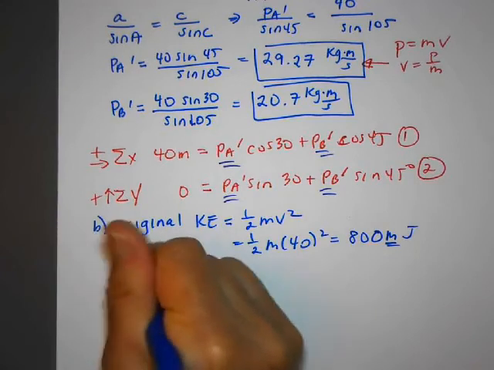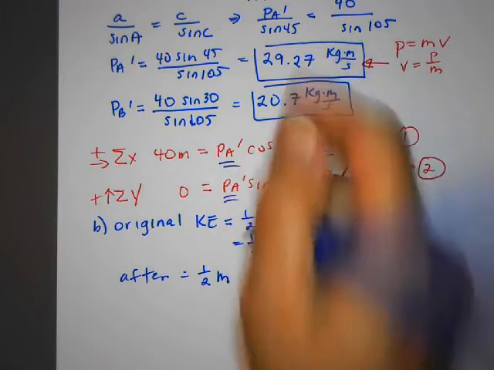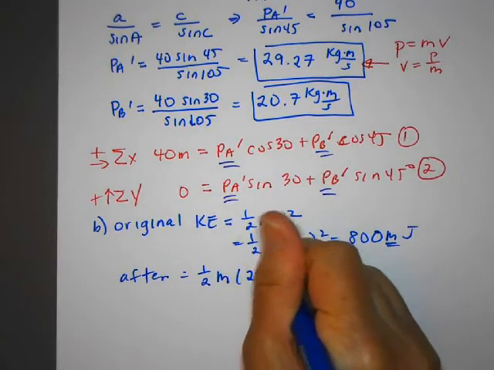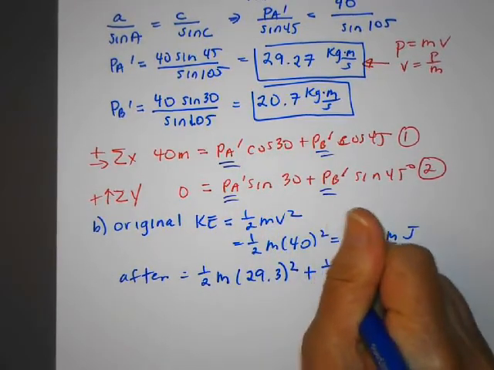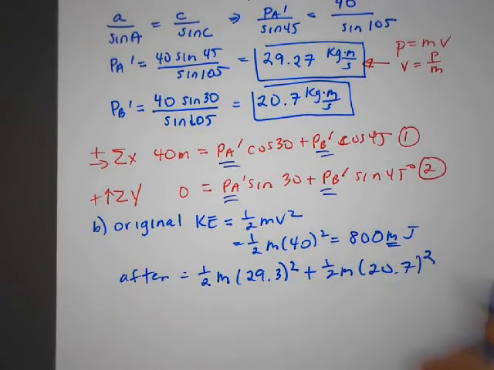After, it's going to be 1/2 m times the answer I found, 29.3 squared, plus 1/2 of m times 20.7 squared. And then when I do all that, whatever this comes out to be, I think it's like 643 m.